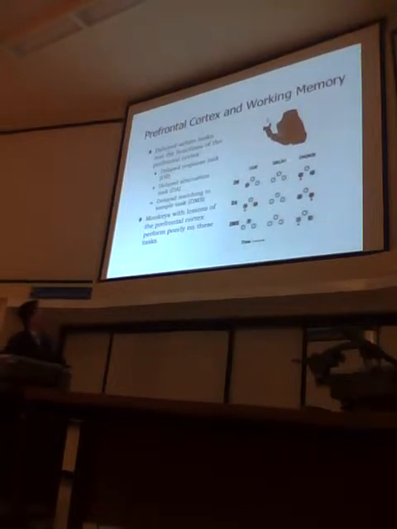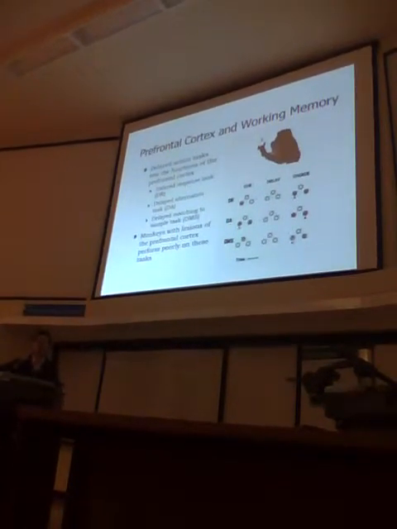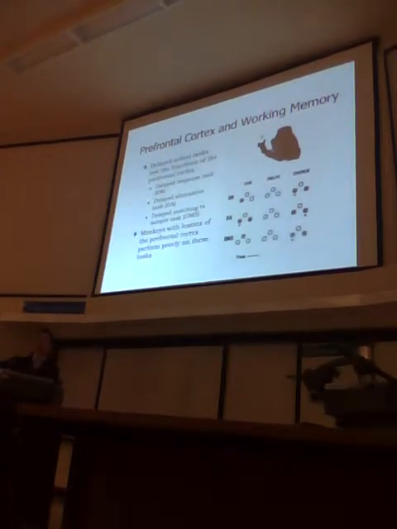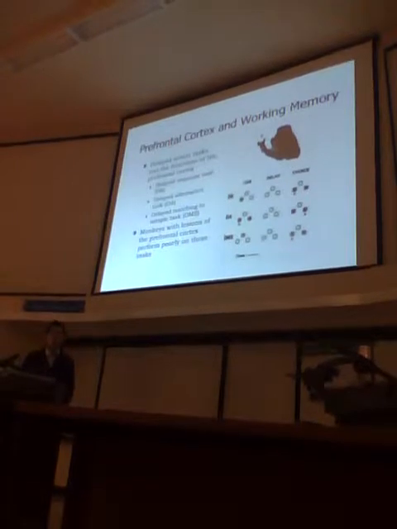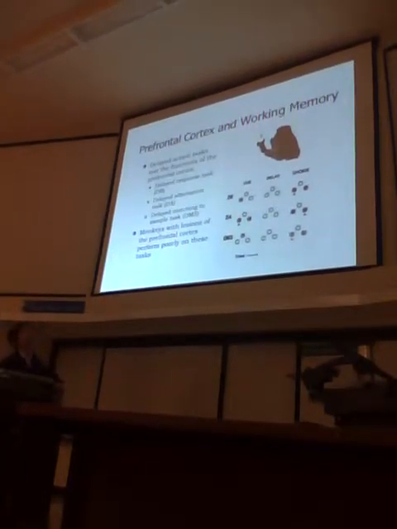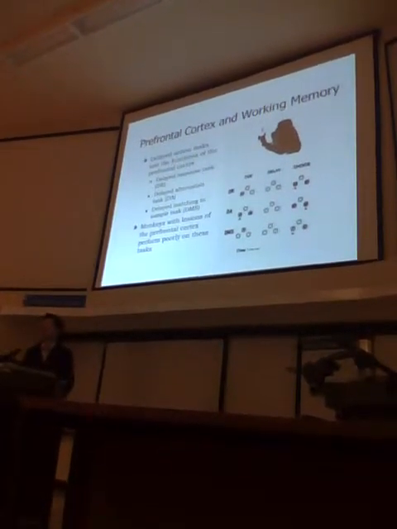The period during which the screen is down, the so-called delay period, is usually a couple of seconds. What's the motivation for performance? If the animal makes the correct choice, he gets a reward.